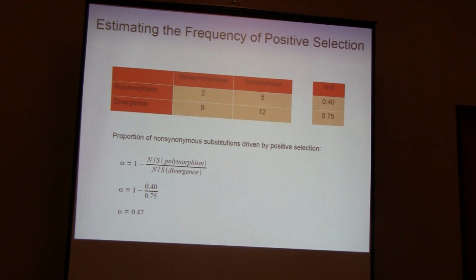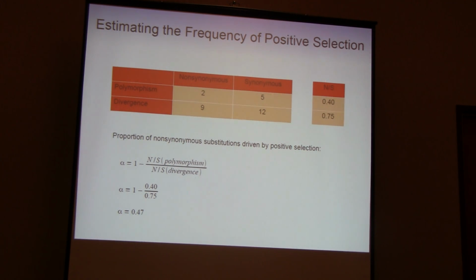The McDonald-Kreitman test can be used to estimate the fraction of non-synonymous changes between species that have been fixed by positive selection. The way in which this is done is by comparing the degree to which the non-synonymous to synonymous ratio of divergence is elevated above that of polymorphism.